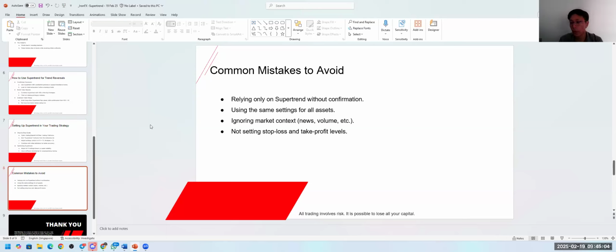If you guys understand market cycles, there are some periods where some are more trending than others. Sometimes the market just consolidates a lot, sometimes the market is very trending.